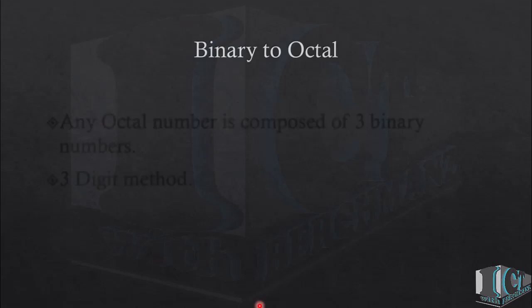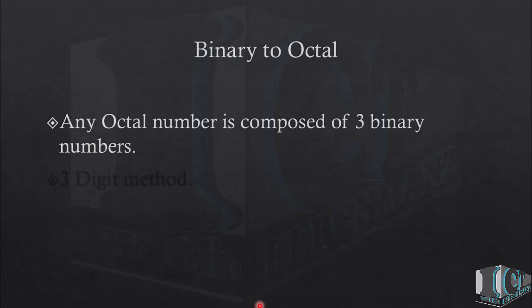The first method that we are going to discuss today is binary to octal. Before going into the calculations, we need to know that any octal number is composed of three binary digits.